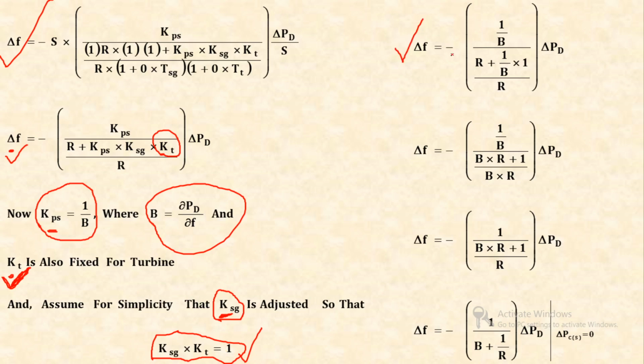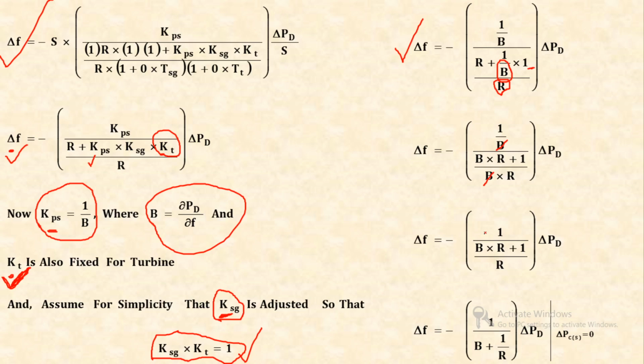So delta F is equal to minus KPS, we will put 1 by B. So in the numerator, that is 1 upon B, divided by R plus, again KPS is equal to 1 upon B, KSG multiplied by KT is equal to 1, and the whole divided by R. So let us take B as the LCM. So over here B into R plus 1, whole divided by B into R. This B, this B, this B and this B will be cancelled out.